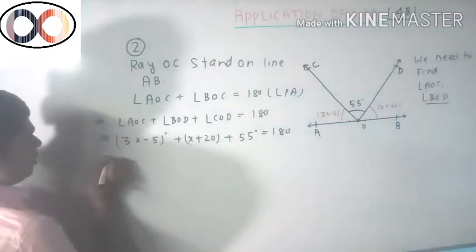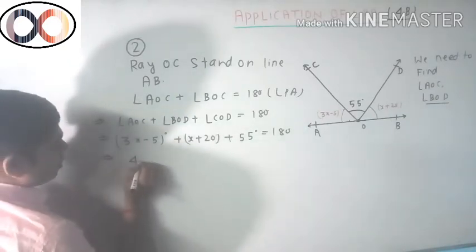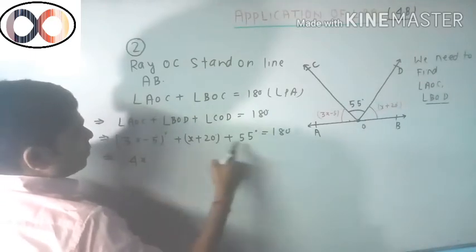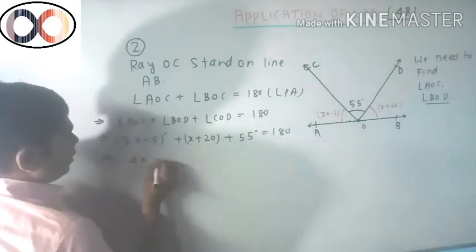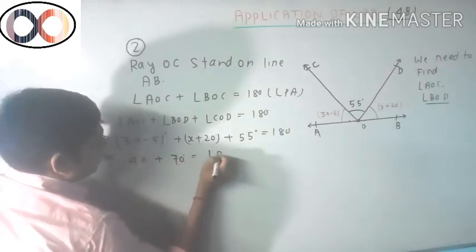Okay, so 3x plus x is 4x, and here minus 5 plus 55 plus 20 equals 70 degrees, that is 180 degrees.